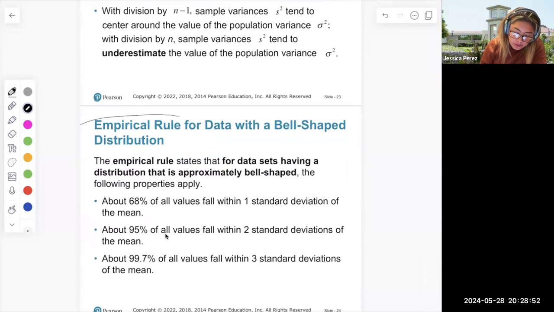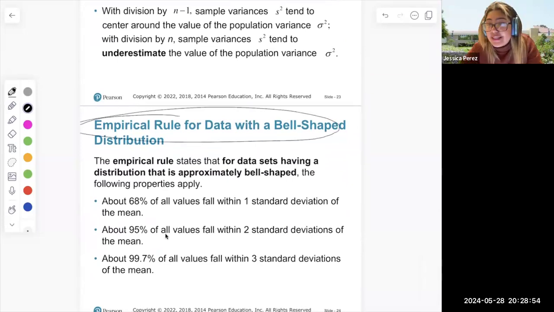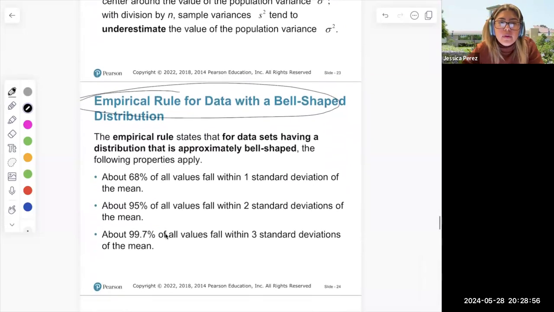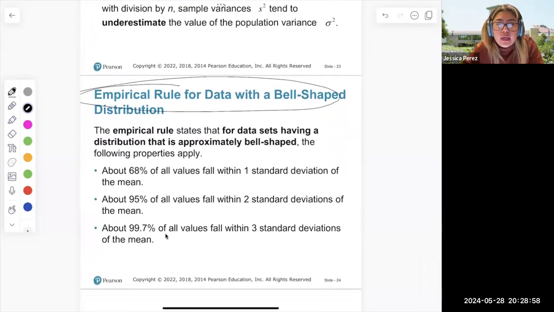This is one of the most important rules in statistics. The empirical rule tells you how much percent you have within a standard deviation. About 68% of all of the values will lie within one standard deviation away from the mean.